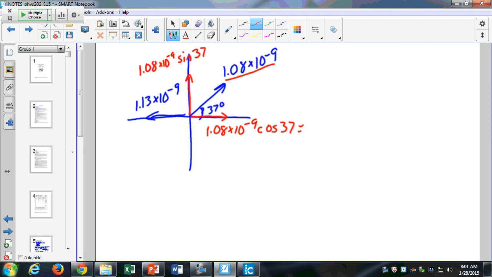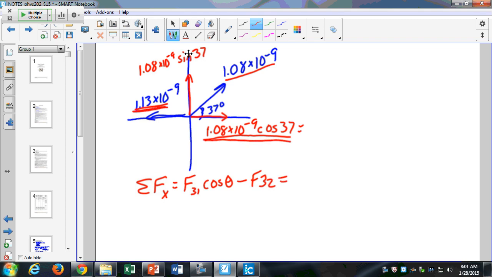Whatever those values are. All right, and then I subtract these two numbers. I say the sum of the forces in the x direction equals the difference in those. That is F31 cosine theta minus F32.